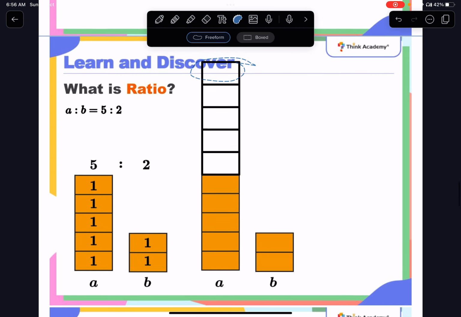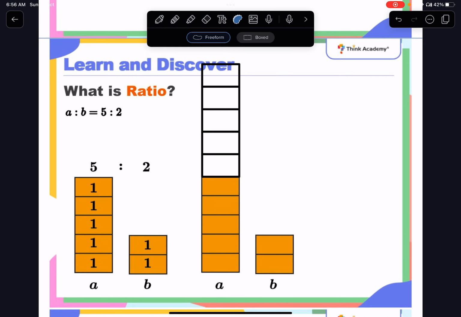So now we have 10 grids right here, right? So we make 5 into 10. But we can't really just double A because the relationship between A and B has to stay 5 to 2. So if I doubled A, you have to double B as well.